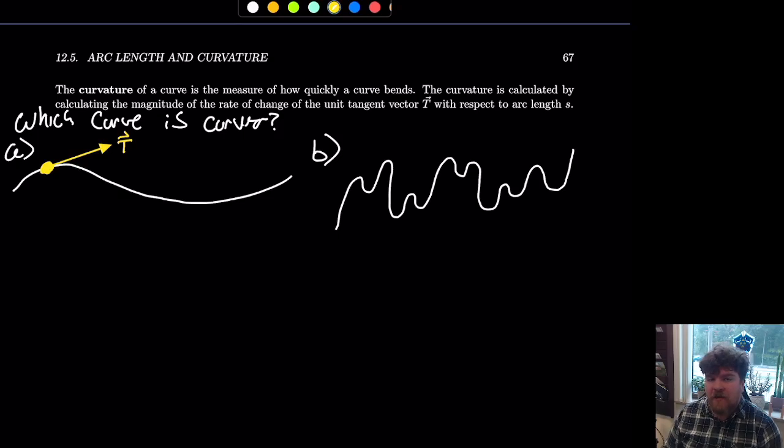And now I want to imagine walking some distance along my curve. So let's pretend I walk a relatively short distance, maybe however far that is. And now I'm going to draw the tangent vector at this point.